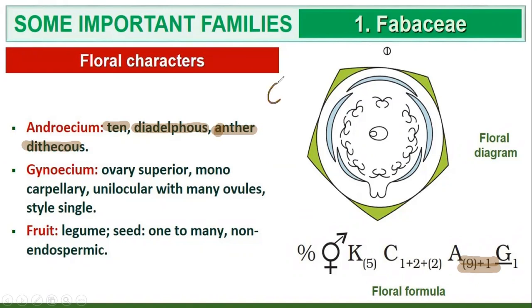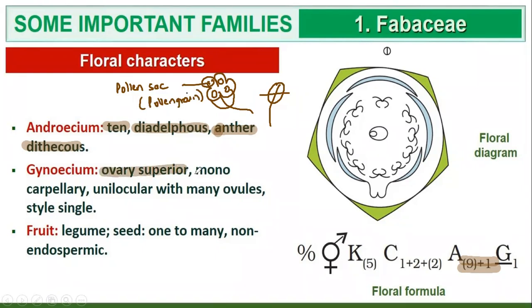If I cut this anther and look inside, I will see 4 chambers. When there are 4 chambers present, such an anther is called dithecous. These are nothing but pollen sacs. Inside the pollen sac, you will definitely get pollen grains, and pollen grains are the male gametes.